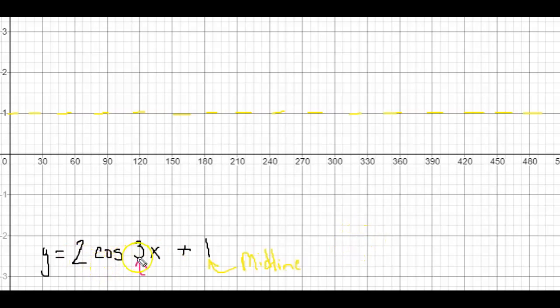If I'm going 3 degrees per second, because notice my graph is in degrees, that's going to be 360 divided by 3. So it looks like 120 is how long it takes for me to get one full complete cycle. So I can do this in 120.